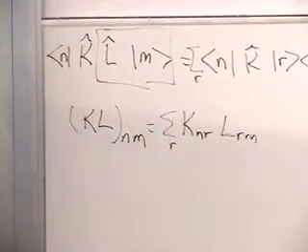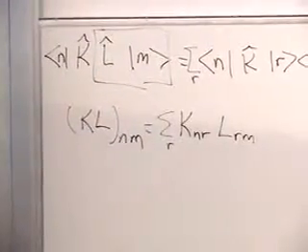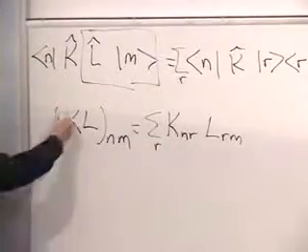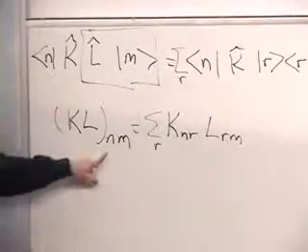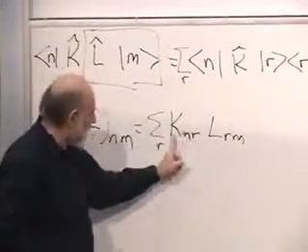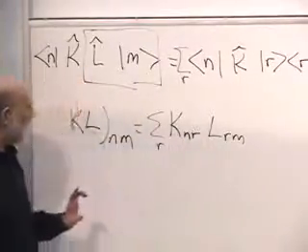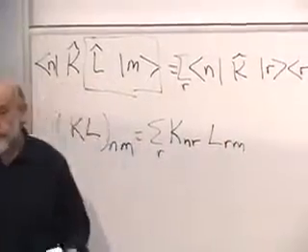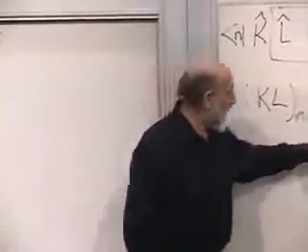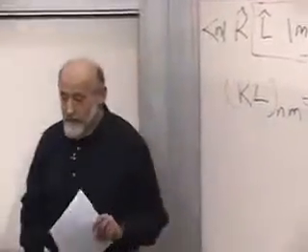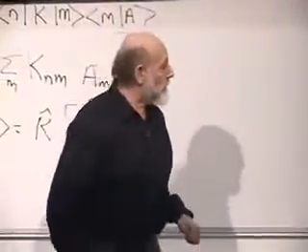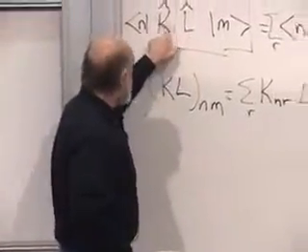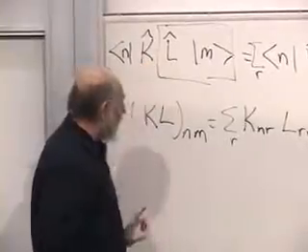All right, again, this is simply matrix multiplication written out in longhand. The matrix representing KL is simply the product of the matrices of K and L. That's what this reads. This is longhand notation for the matrix product of the matrices K and L. So multiplying linear operators is an abstract idea: you simply follow the action of one operator by another operator.